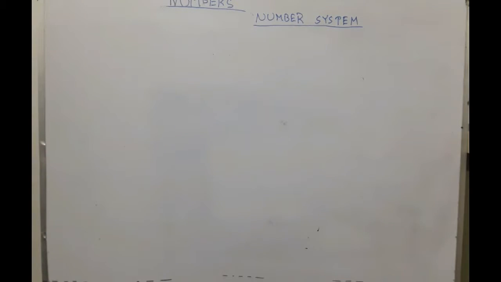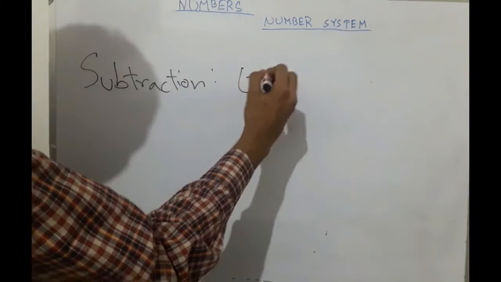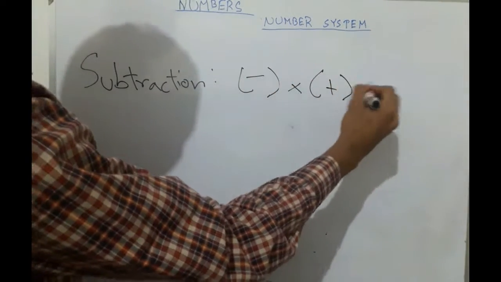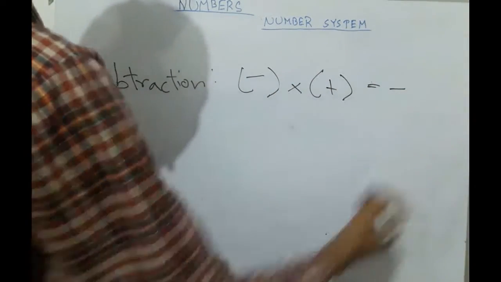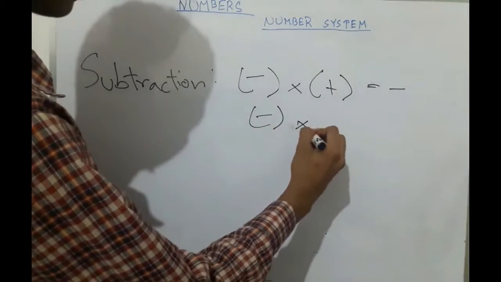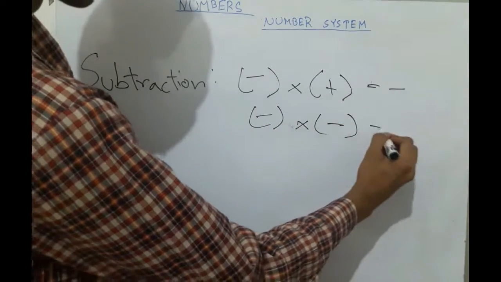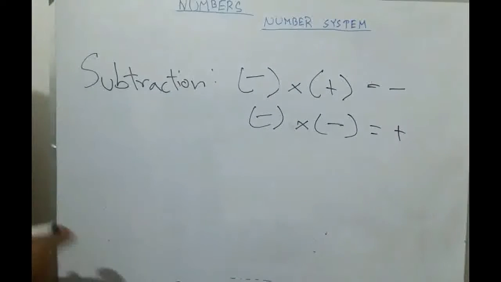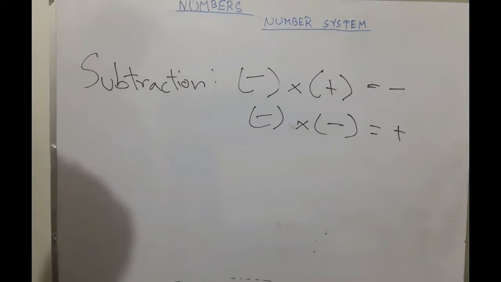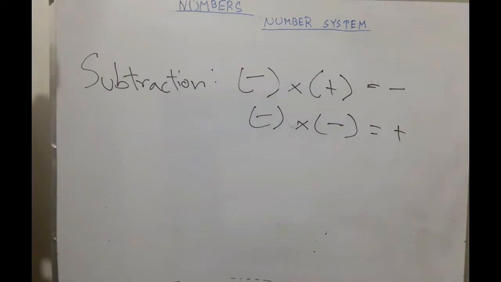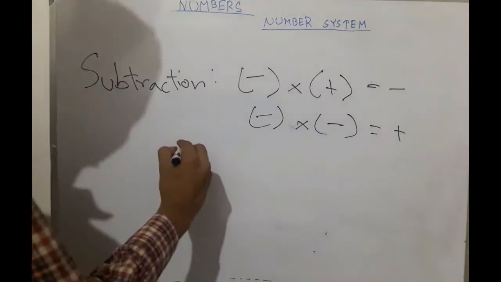Now let's go with the rules of signs for subtraction. Suppose negative, positive, it will eventually be negative. Negative into negative is equal to positive. For example, let's take two numbers, 2 and 3.